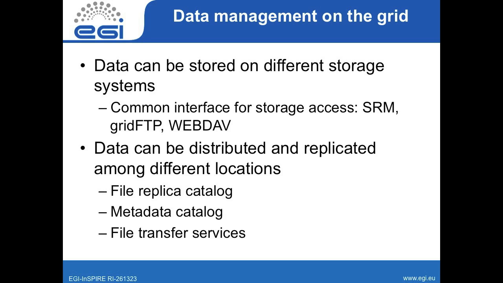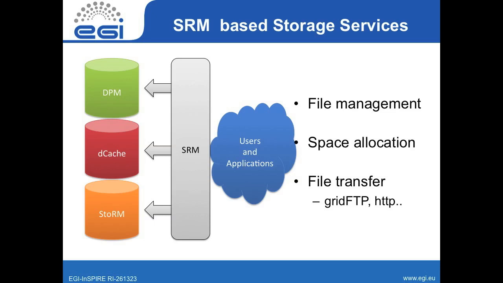To handle this distributed environment, there is need for file replica catalogs, metadata catalogs, and file transfer services to replicate and move data between sites. The SRM is the most common interface, the most common protocol that users use to access data.